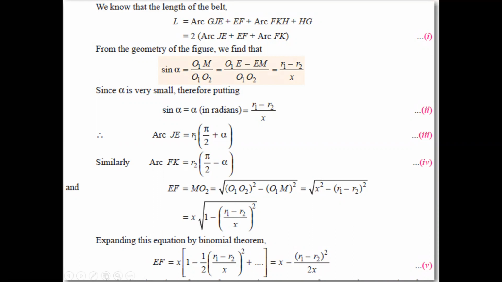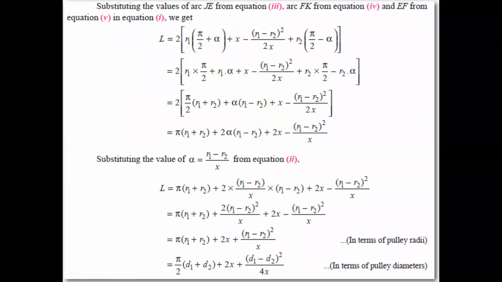Let us take this as equation number 5. Now all these values are substituted in our basic equation, that is equation number 1. So L equals 2 into (arc JK, that is R1 into pi by 2 plus alpha, plus x minus the EF value).